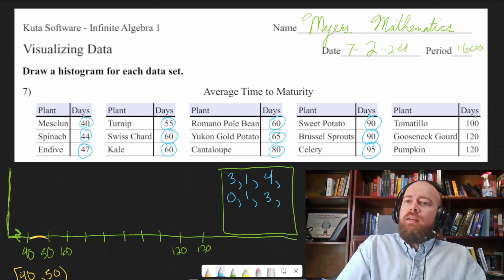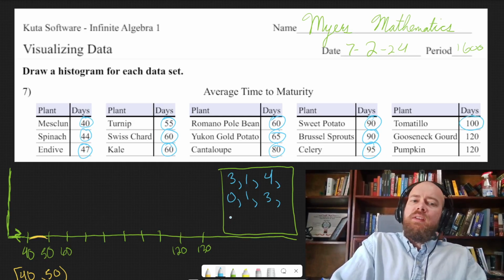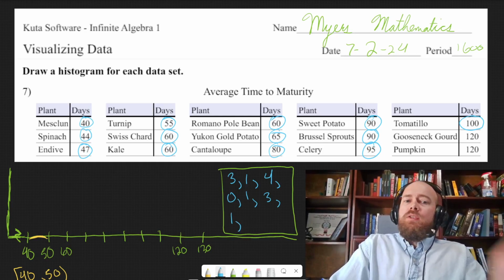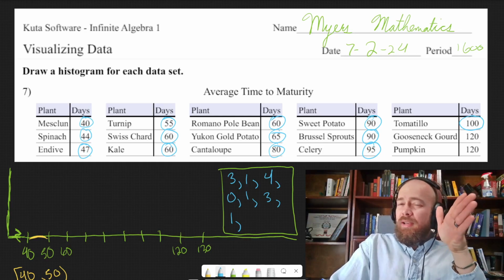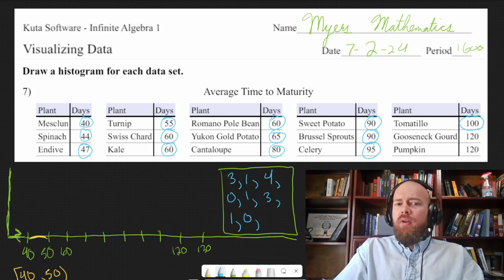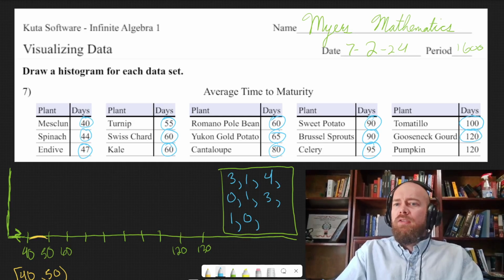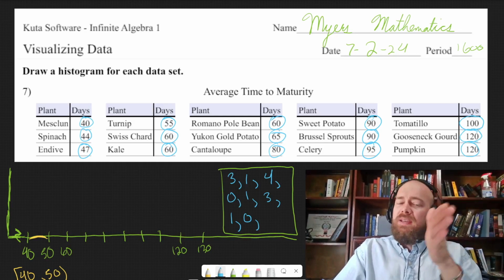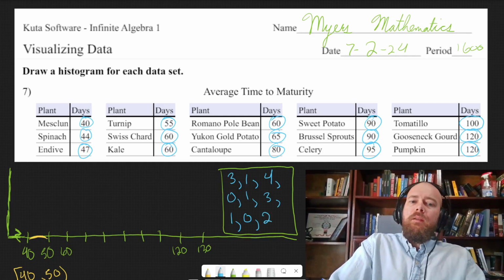Okay, now starting at 100, going to 110, not including 110: 1. Starting at 110, not including 120: nothing. And then in that final category from 120 to 130, we would be including these guys, just barely, but if we're going to be consistent, then that's how it would work.